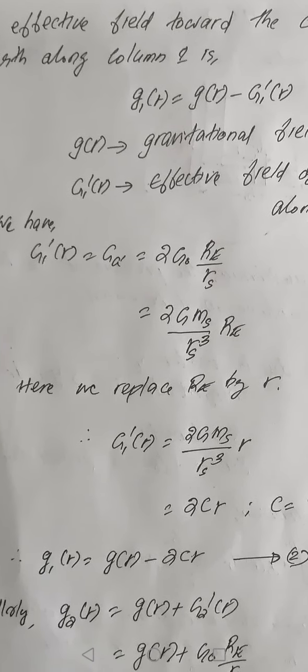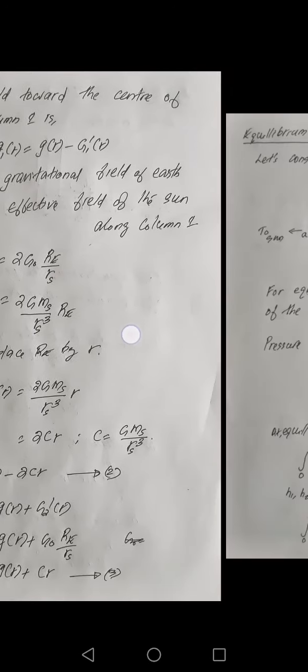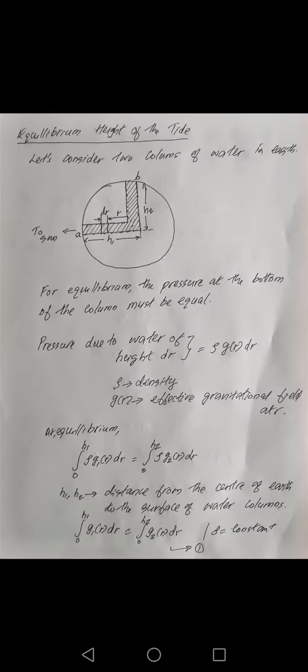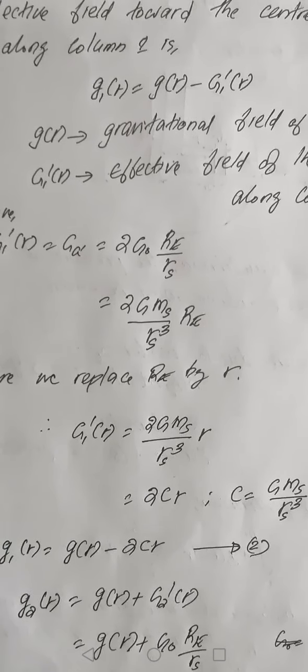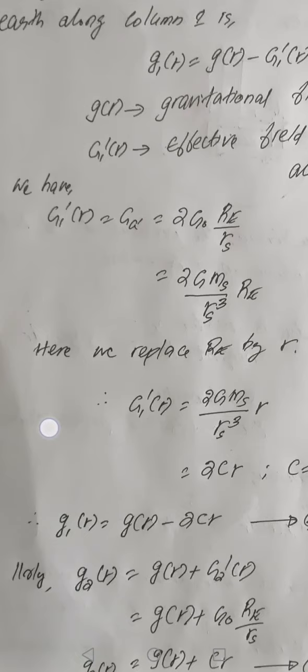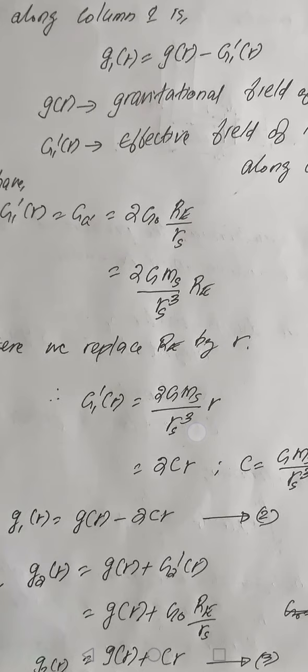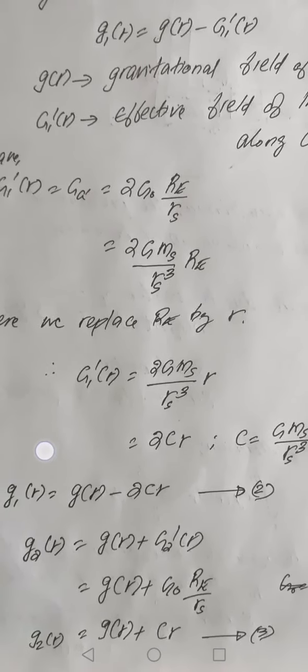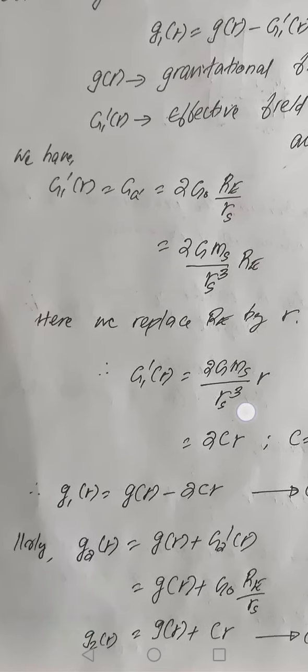Here I want to replace re by the distance, this r. Therefore g1 prime of r is equal to 2 G Ms by rs cube into r. So that is equal to 2cr, where c is G Ms by rs cube, that you have to remember.